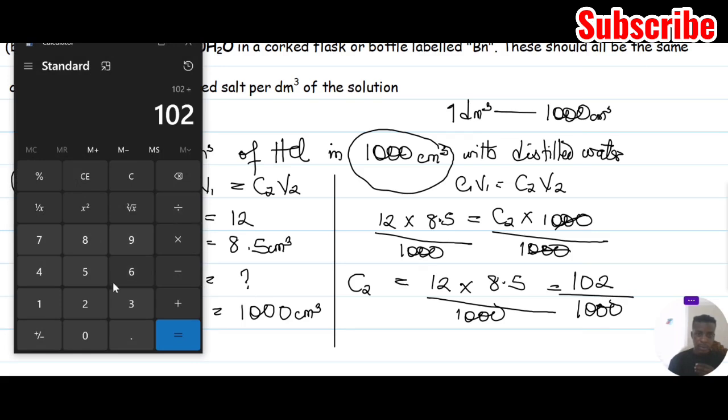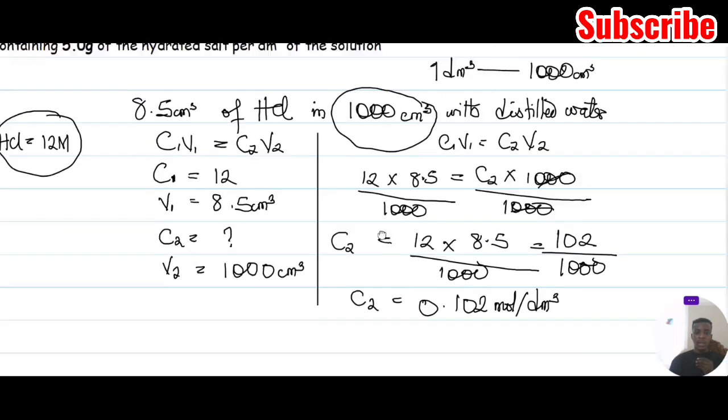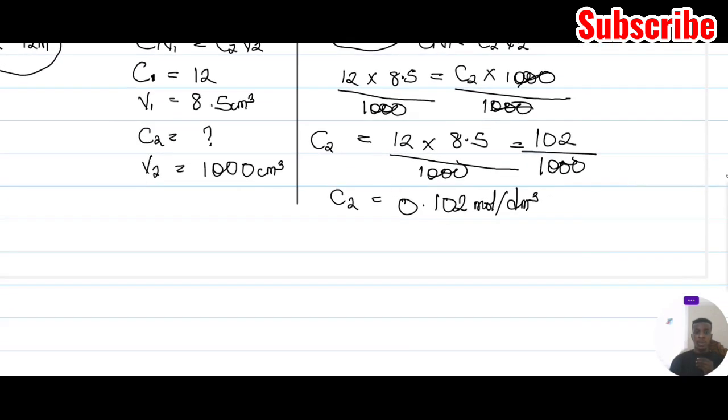So this is the concentration of the acid, C2, which is 0.102 mole per dm cube. We'll go over how we can prepare this, but take note the concentration of your acid is 0.102 mole per dm cube.